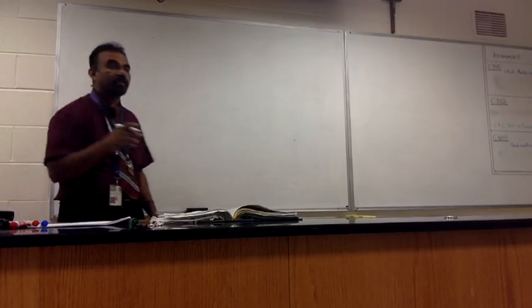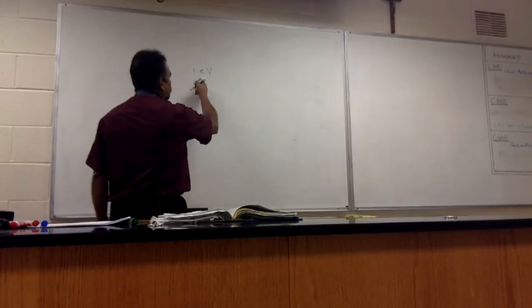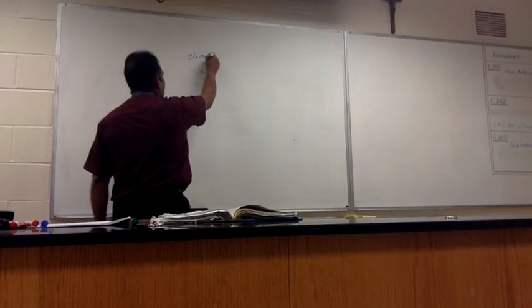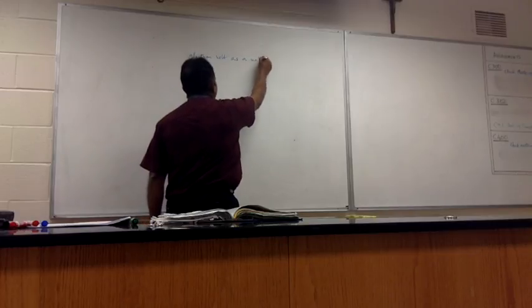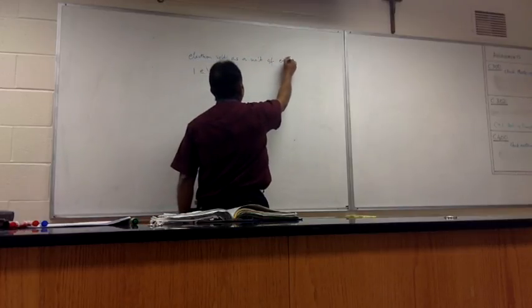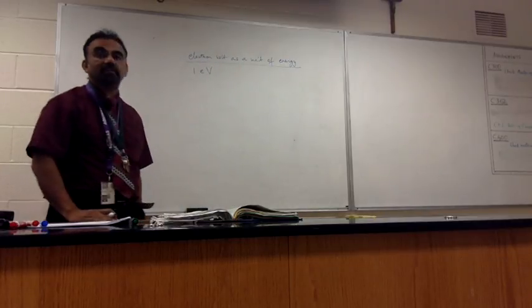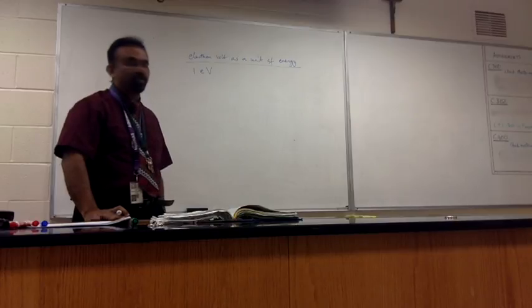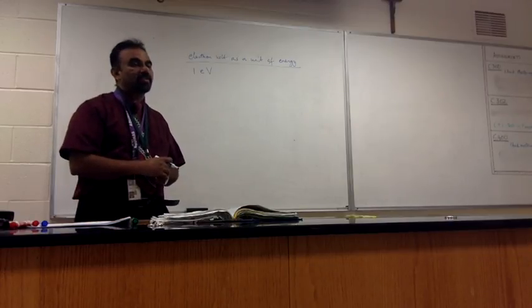Okay, so we define an electron volt as a unit of energy. We'll be using it in multiple places later. In atomic physics, we'll be using electron volts. So what is the electron volt?